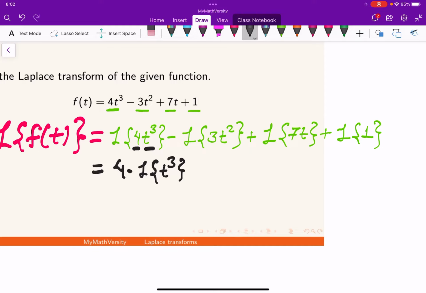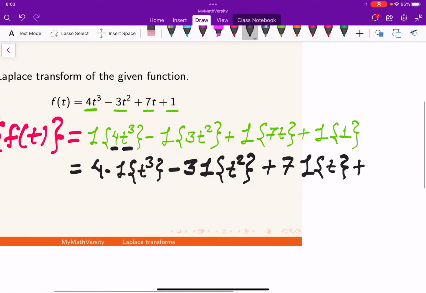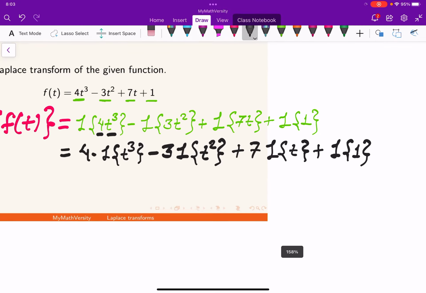If you have a constant multiplied by some function, we can use the constant multiple rule, like with derivatives and integrals. On the next term, we take the 3 out and multiply it by the Laplace transform of t^2. On the next one, we take 7 out, so 7 multiplied by the Laplace transform of t, and at the end we figure out the Laplace transform of 1.